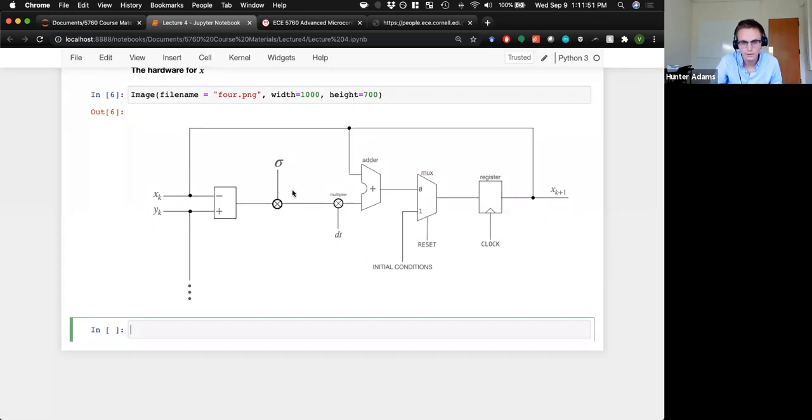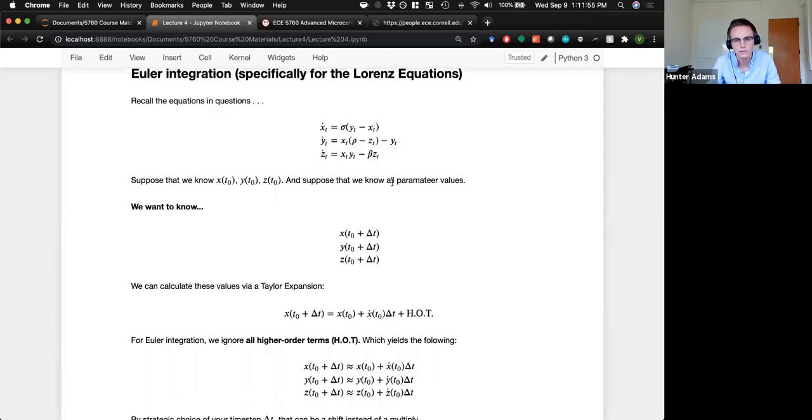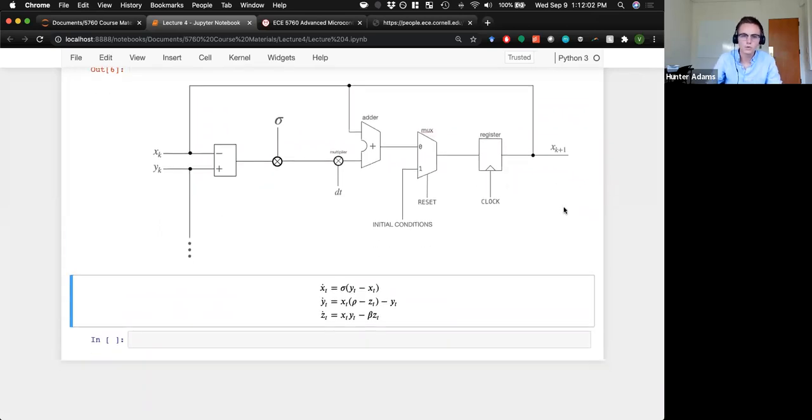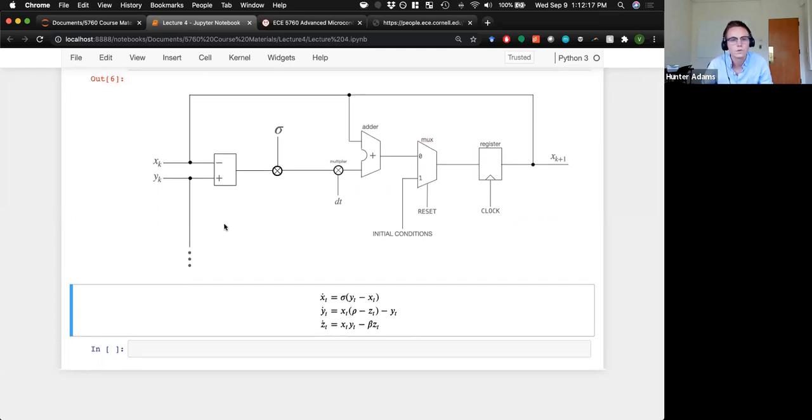So in the case of the x dot calculation, you'll recall from the equations above, let me just copy those down to here so that we can look at them at the same time. So this is the hardware implementation of this first differential equation, the integration of this first differential equation. So you can see that x dot is sigma times the difference of y and x. So here we have our state variables y and x.